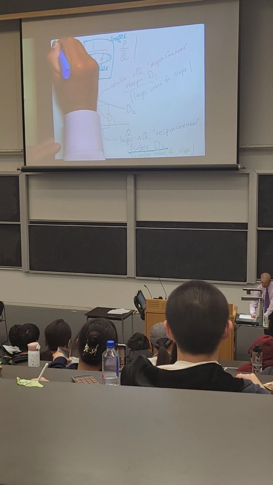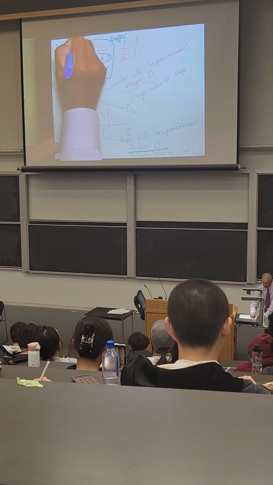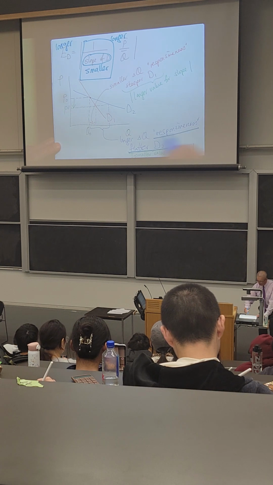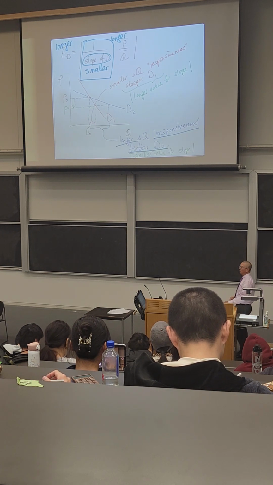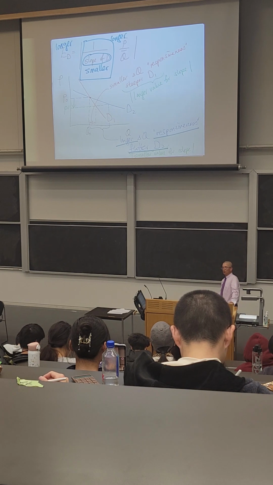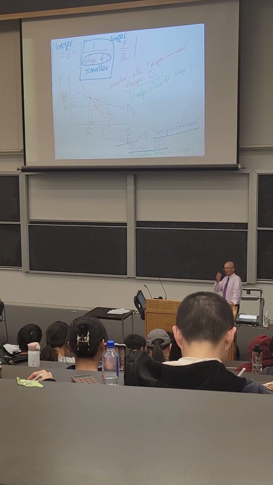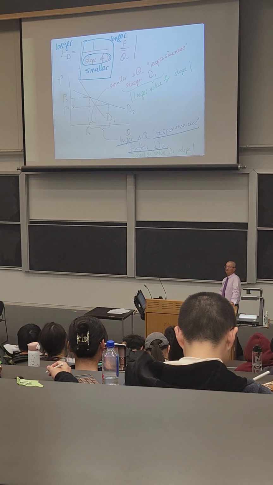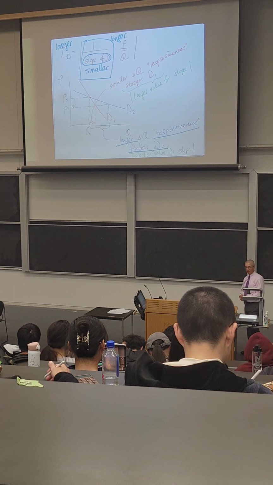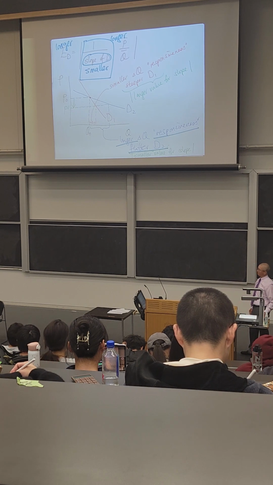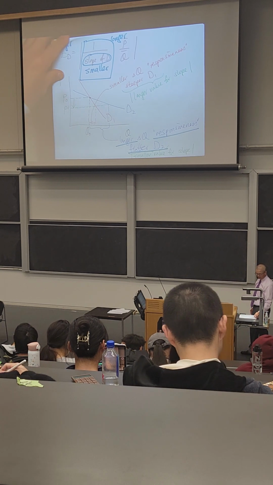And therefore, the elasticity will be large, i.e. more responsive. So this is how we connect the slope to elasticity. That is, the rule of thumb in most cases is that the flatter the slope, the more responsive the quantity is whenever there's a price change.